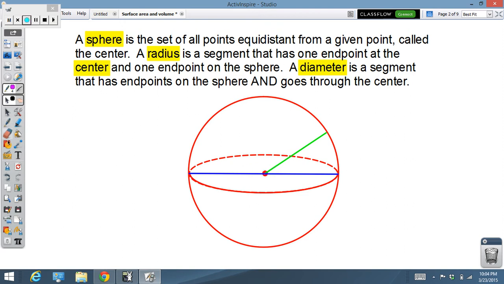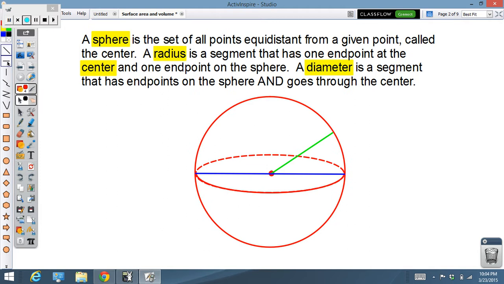Notice that I could draw another diameter, going from this part of the sphere through it to the opposite side, front to back, but that's also a diameter. It would have the same length as the other blue one we started with. So a diameter goes from one side to the other and goes through the center of the sphere.